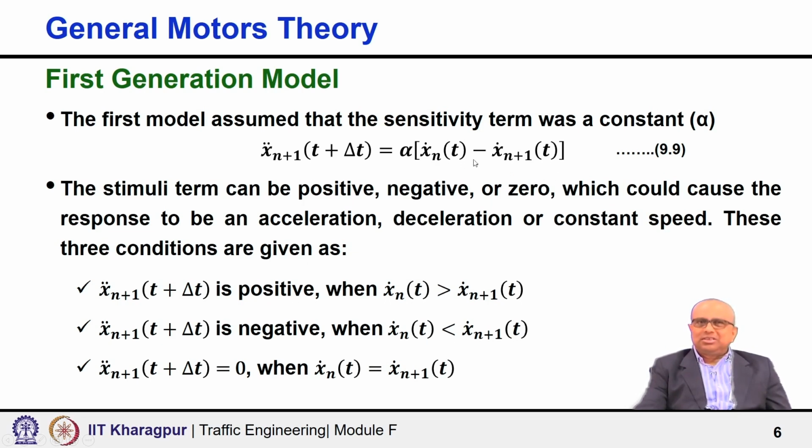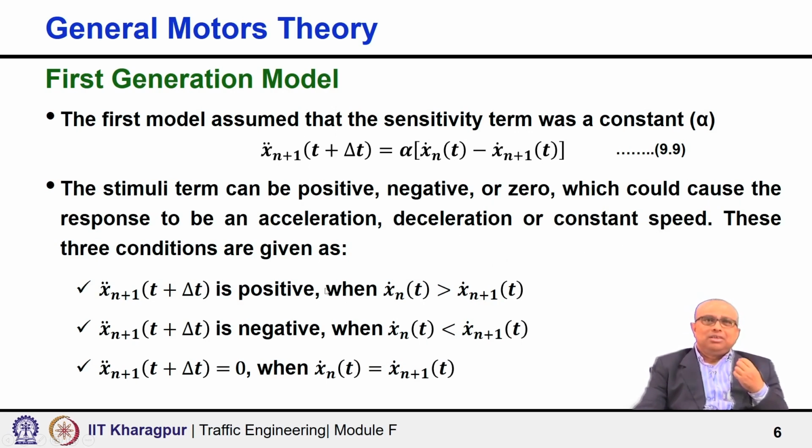So, at time t, it is the relative speed between the lead vehicle and the following vehicle, multiplied by the sensitivity, which in this case is taken as a constant, and they tried to calibrate this value based on field experimentation. Obviously, the stimulus can be positive, negative or 0, which would cause the response to be either acceleration, deceleration, or a constant speed.